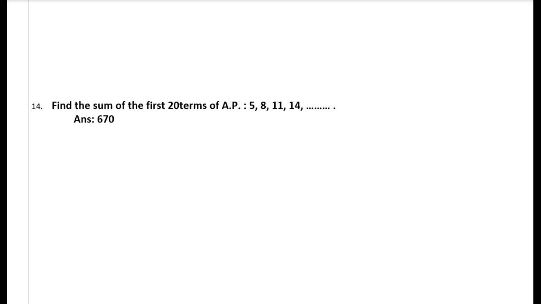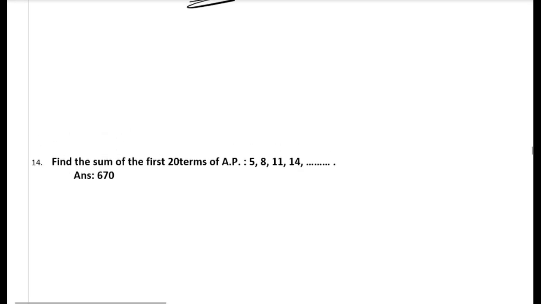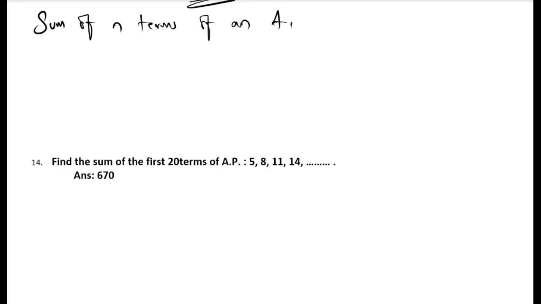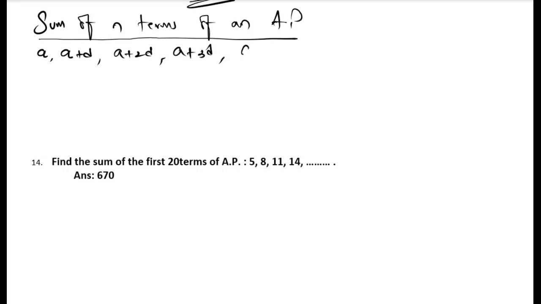Now I'm starting with the next part, which is sum of n terms of an AP. So what do you mean by sum of n terms of an AP? Suppose the first term is a, second term is a plus d, third term is a plus 2d, a plus 3d, a plus 4d, and so on up to the nth term.